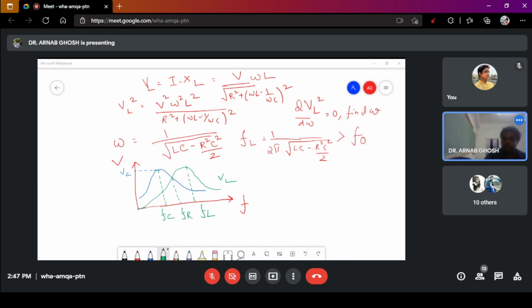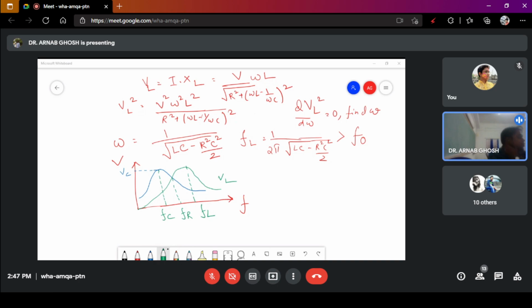Please note down the curve. Okay, so this is the curve nature of V versus F.